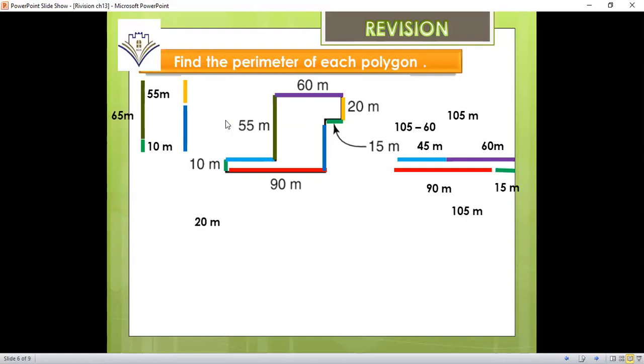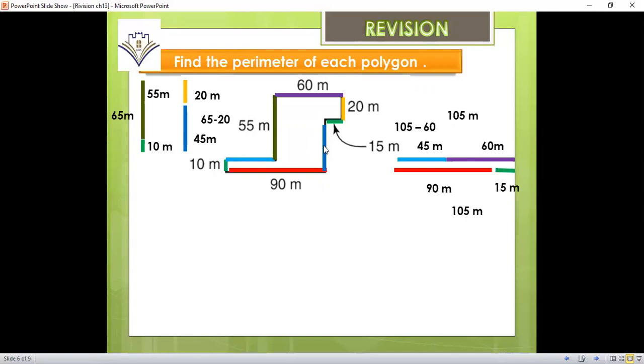Now look at the second, we have here 20 meter. Then the measure of this blue line segment is equal to 65 minus 20, because both of them equal 65, and this is only 20 meter. Then the blue line segment is equal to 65 minus 20 equal 45.